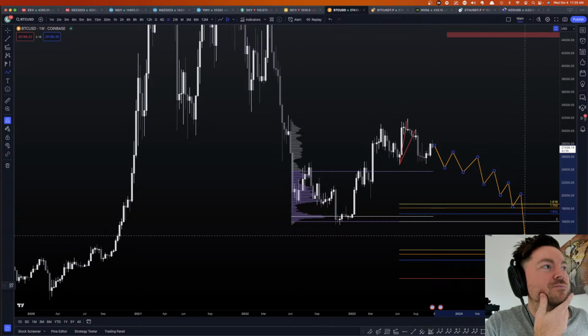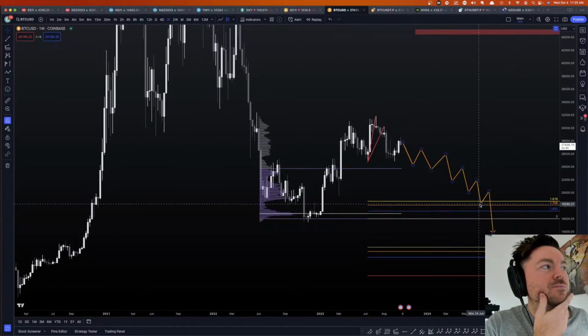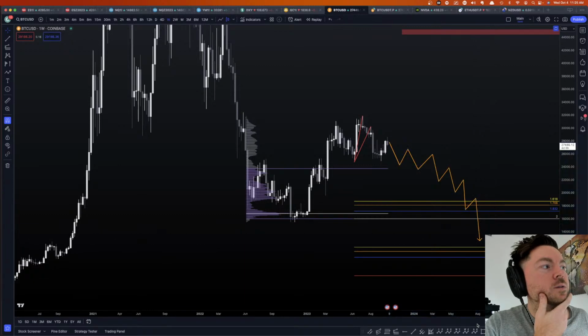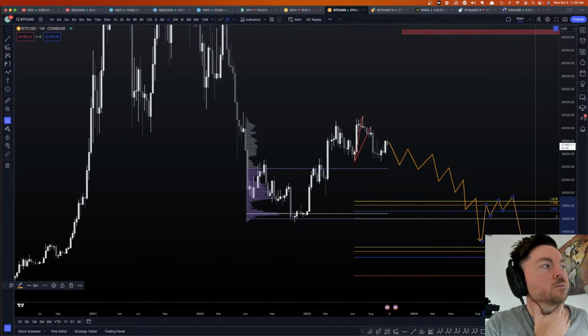Like, maybe that volume gap would be used as a way to accumulate more shorts. Price comes down here, comes up, accumulates shorts up in this volume gap area, and then another move down.